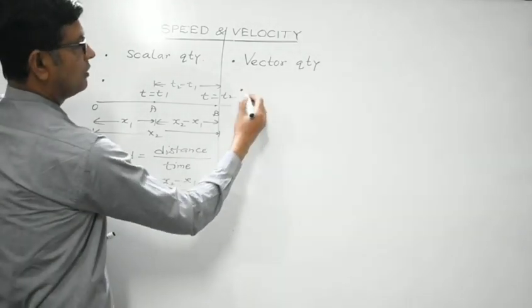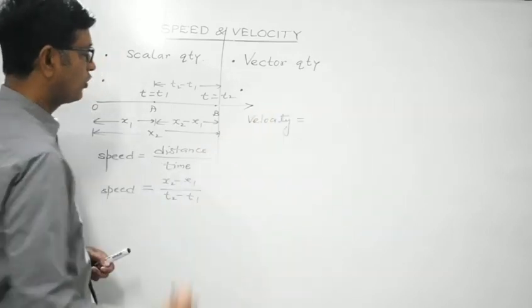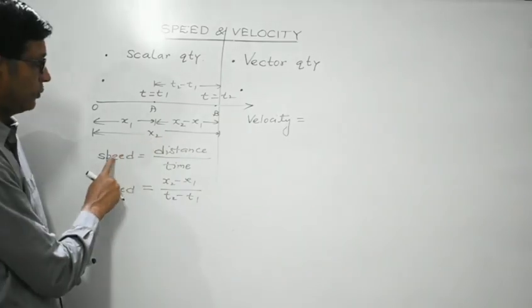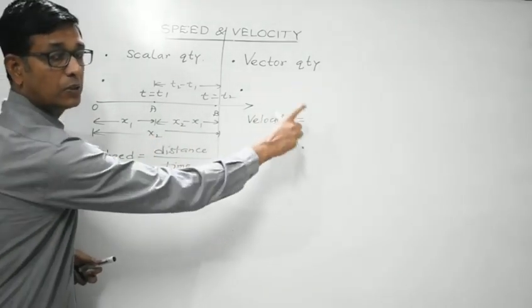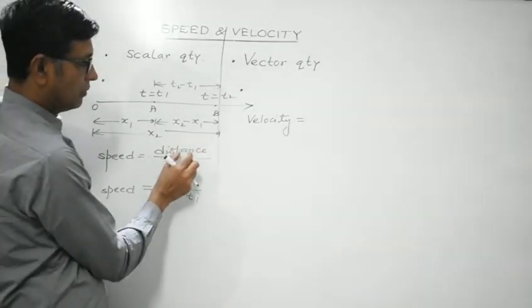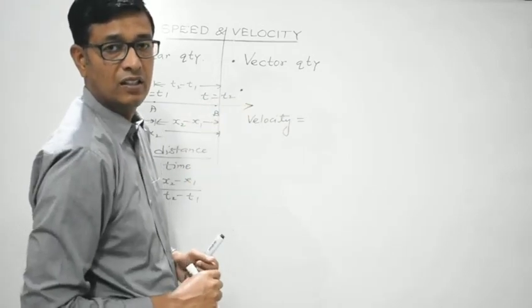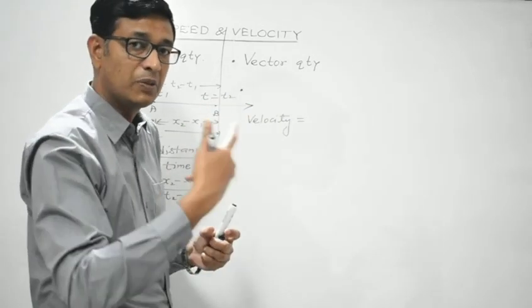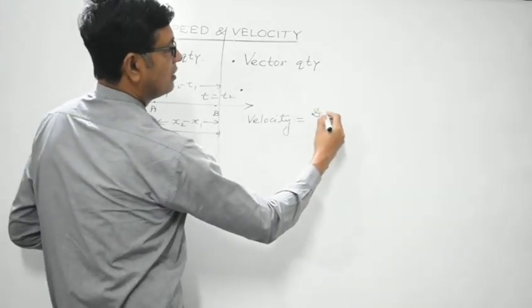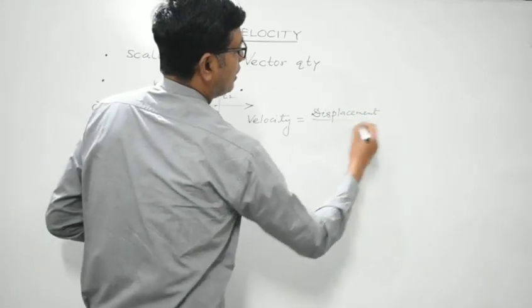What about velocity then? Just make use of common sense. The time rate change in the distance is speed. The time rate change in the displacement of the body will be known as its velocity. So simply in place of distance you need to write displacement, right? Velocity is defined as displacement divided by time.